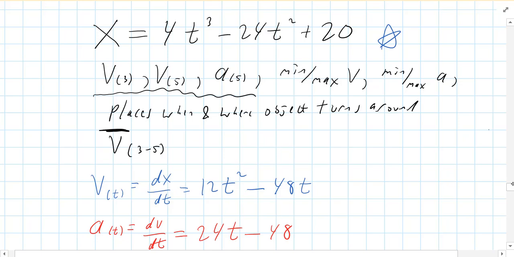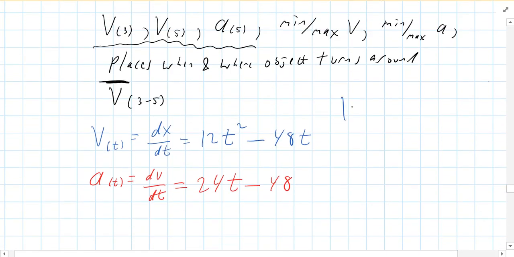So for instance, the velocity at 3 seconds, you literally just plug in 3 into your equation. So if I plug a 3 in here, 3 squared is 9, 12 times 9, then minus 48 times 3. You can check this in the calculator, but you should get negative 36 meters per second.